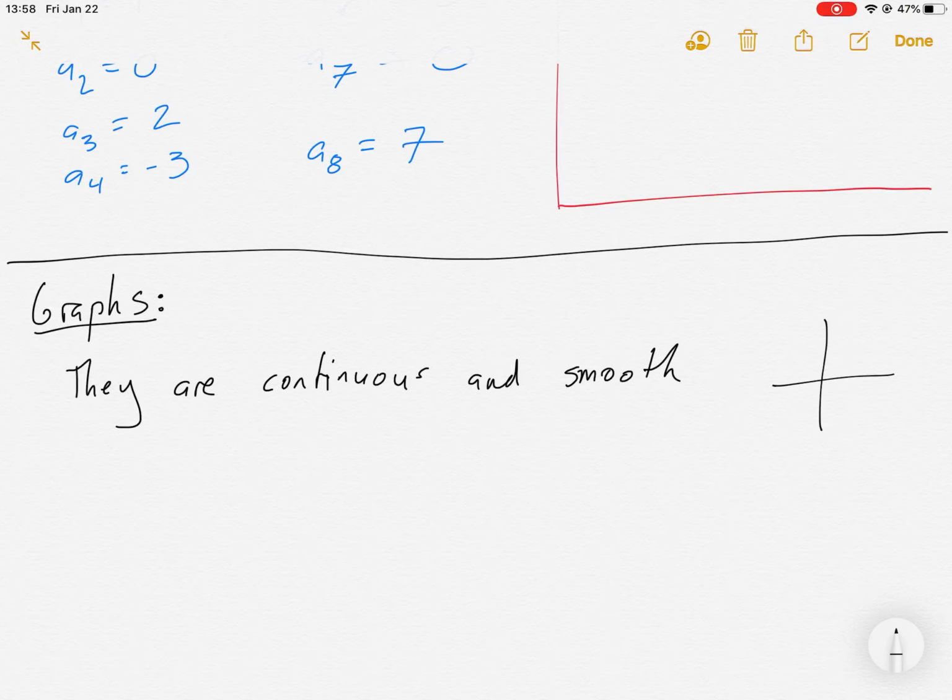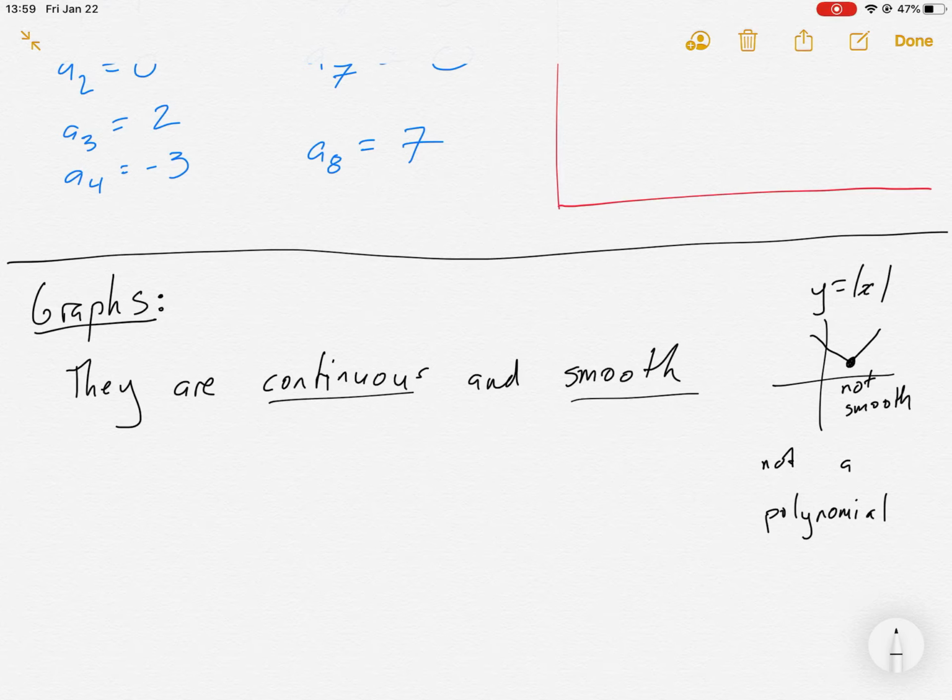For example, the absolute value, this is not a polynomial because that corner right there is not smooth. But once again, these two concepts here, continuous and smooth, you really won't have to worry about those too much until you're in calculus.